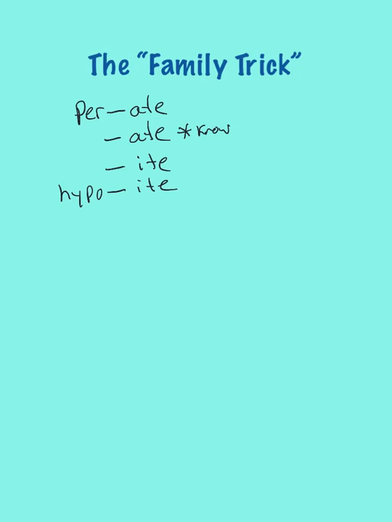Per-ate is going to be one more oxygen than what the -ate is. The -ite is going to be one, I said 1 and I wrote 2, so let's fix that, one less oxygen from the -ate, and then the hypo-ite is going to be 2 oxygens less than the -ate.